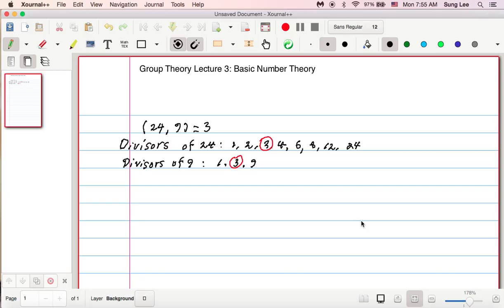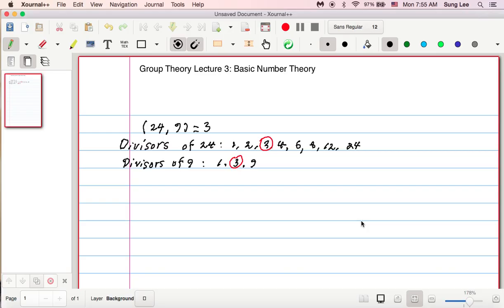So basically, as a heads up, we can actually keep on reducing the numbers that we are dividing.